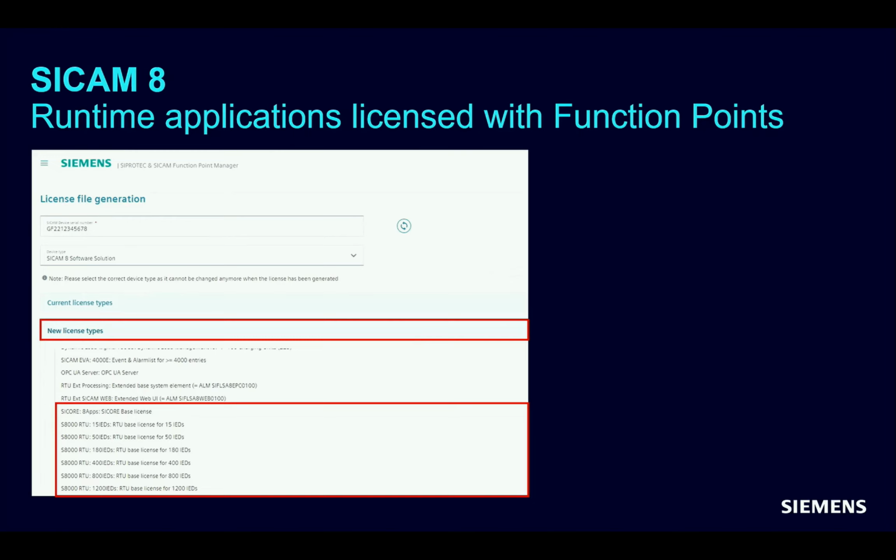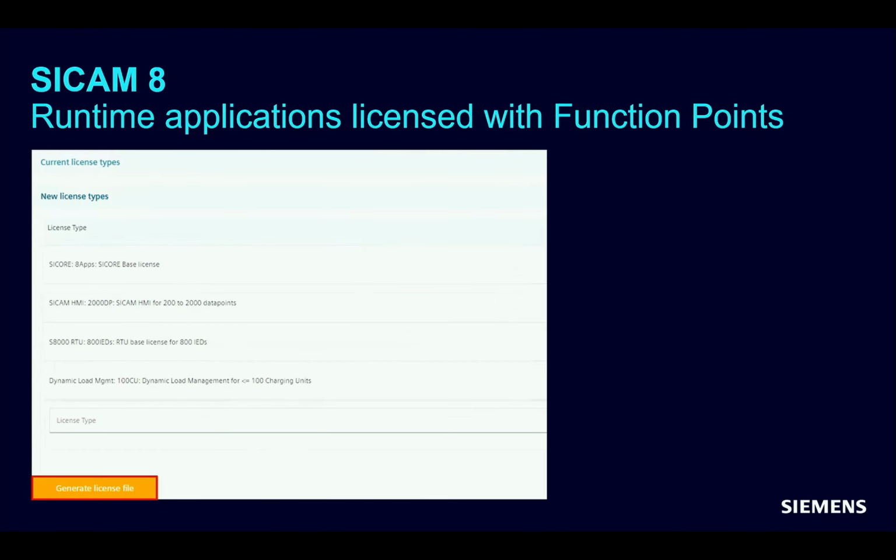Under current license types, you can see all the licenses already generated for your Sicam 8 hardware device. Of course, when doing that for the first time, there are no licenses listed there. You then need to select under new license types the licenses for the application you need for your project.